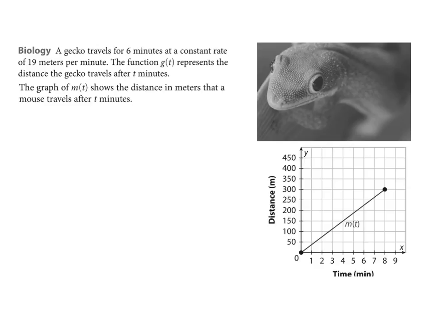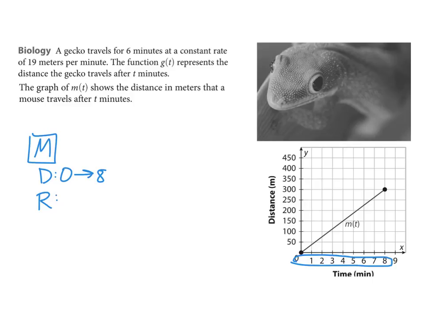All right, last problem. I don't have the directions on here like I should, but we're going to be comparing domain and range and talking about the steepness of each graph. So if we look, they have already given us information about a mouse, and if I go ahead and list everything I know about the mouse just from looking at the graph, the domain for the mouse, domain or x values, is 0 to 8. That means he traveled for 8 minutes, 0 to 8.